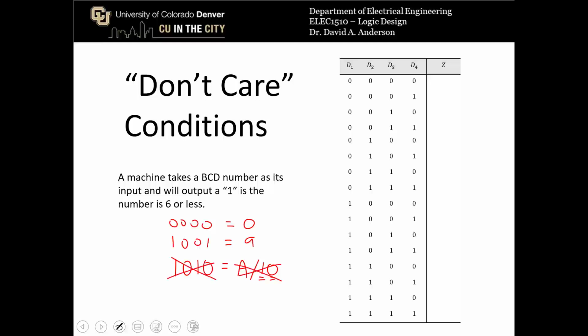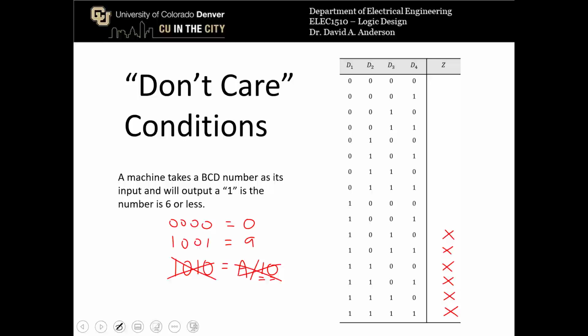Therefore, anything that has a BCD input is going to require 4 bits, but there's going to be a bunch of don't cares because a lot of these inputs are not actually BCD numbers. So anything from 1010 all the way up to 1111 is going to be a don't care condition because they're not BCD inputs.